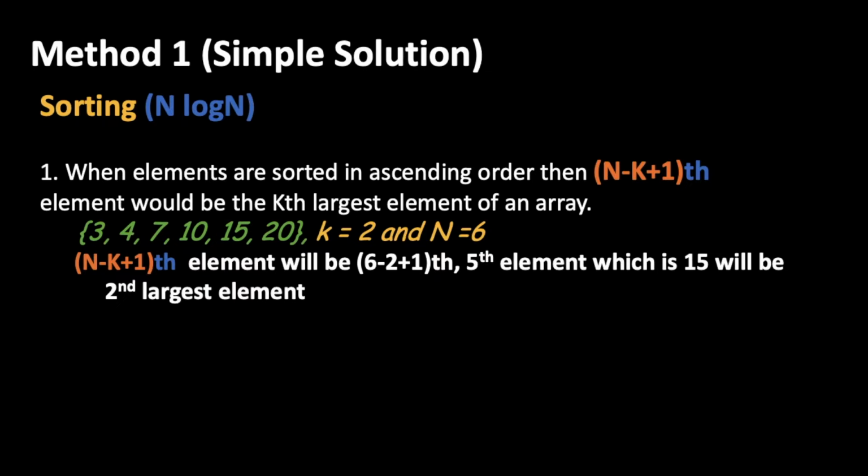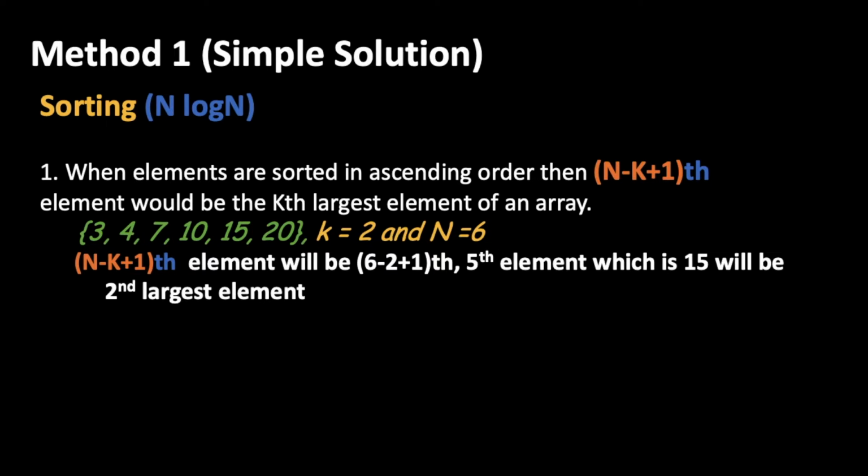So if we sort the array in ascending order, in this example we have sorted our array in ascending order and we are given k equal to 2. That means we need to find the second largest element in the given array, and n is equal to 6, that is the number of elements in the given array.